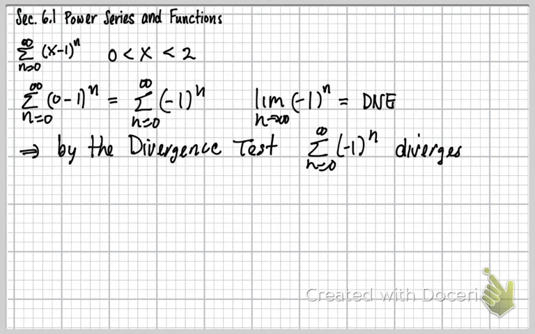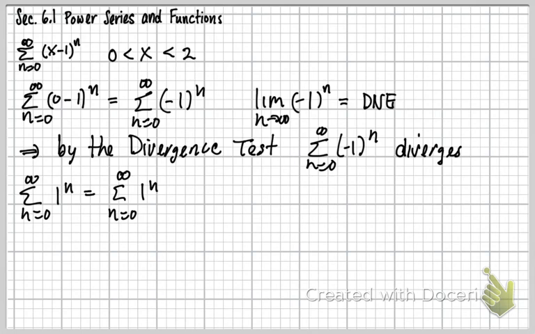All right, and then similarly, I'm just going to do the other one now. N equals 0 to infinity. And I'm just going to plug the 2 in and just do the math kind of on the fly for this one. So when I plug in a 2 there, that's going to be 1. So this is going to be 1 to the n. So when I look at that series as n equals 0 to infinity of 1 to the n, this is just going to continue to be 1 as I take that limit.